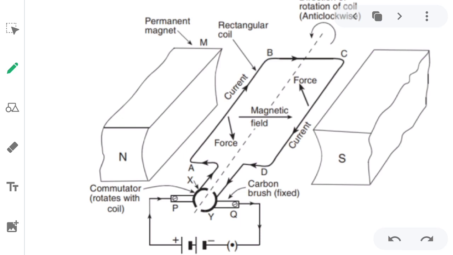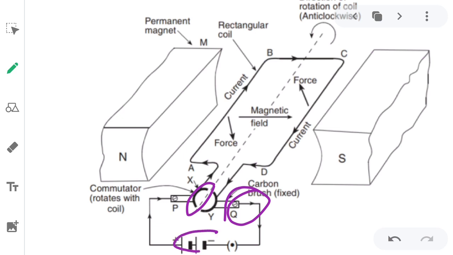Here you can see this deep black ring which is called the commutator. The function of the commutator is to change the direction of current, and these are called split rings or carbon brushes. They have a very important role in an electric motor.